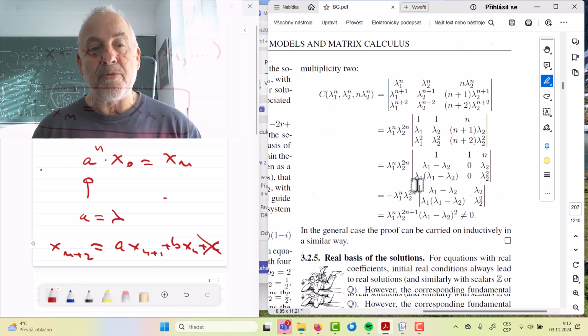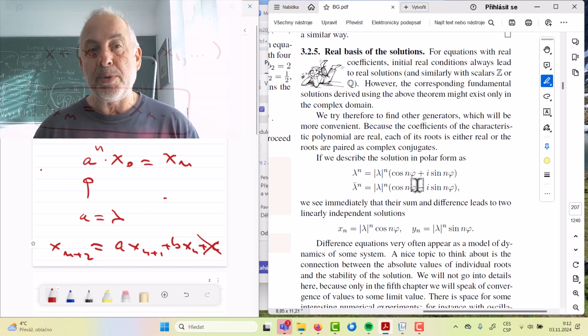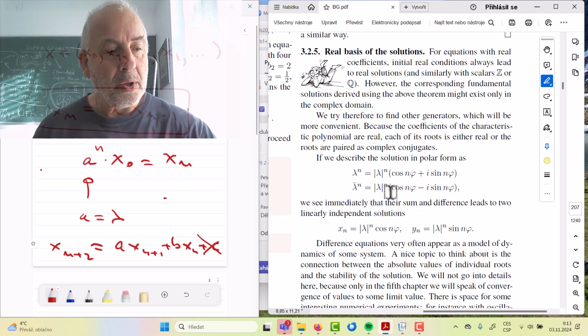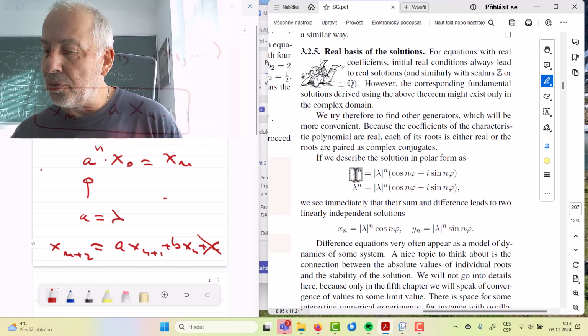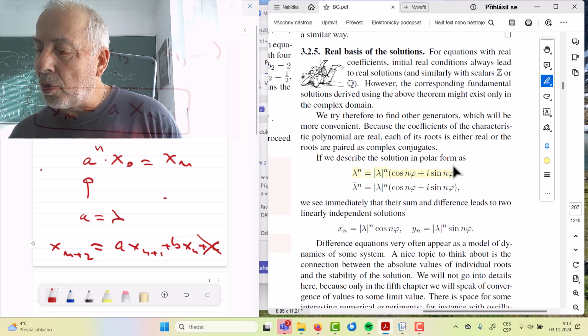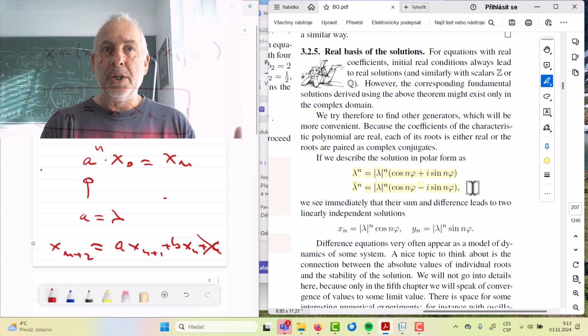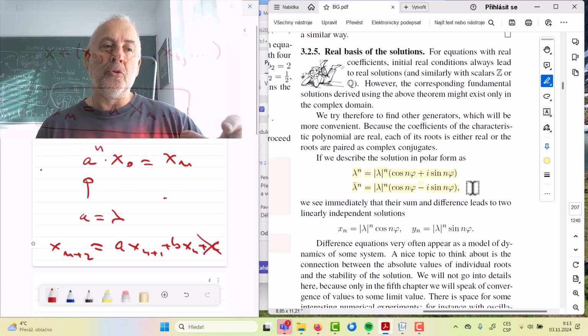Now, going one step further, you should also be worried about what to do with, say, real linear recurrence equations, but having the complex roots for lambda. And then the answer is again easy. What you do is you write lambda to n in the polar form, so the geometric form, and of course you know that if the coefficients of the polynomial were all real, then the solutions will always come in couples of 2 complex conjugate ones.